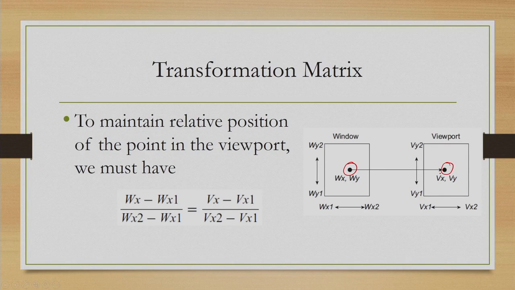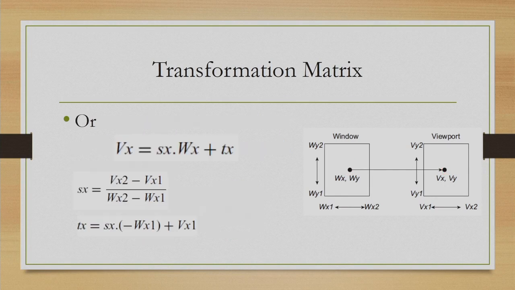So, if we want to maintain that, then we get relationships like the one shown here between the window dimensions and the viewport dimensions. Now, this expression can be simplified in this form.